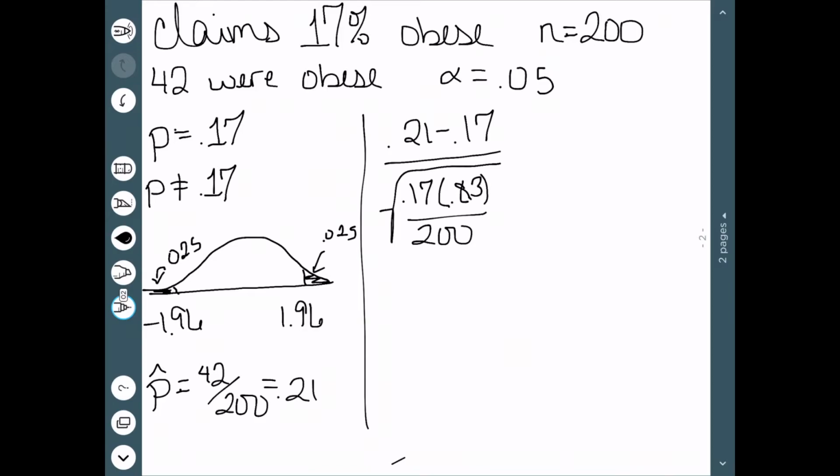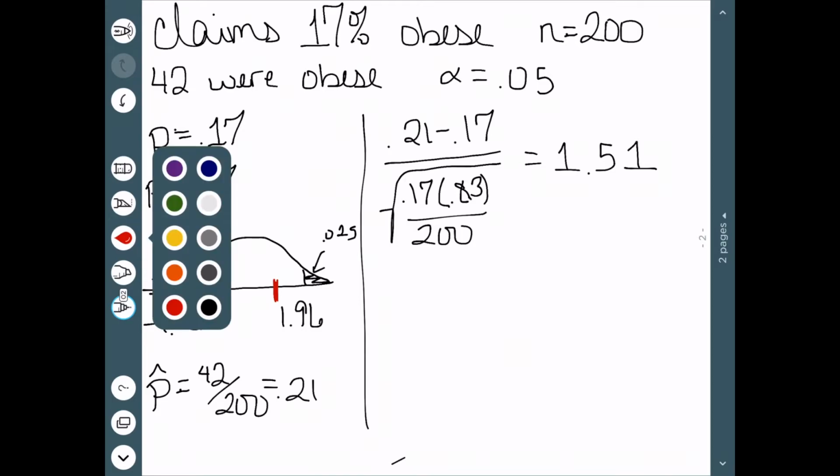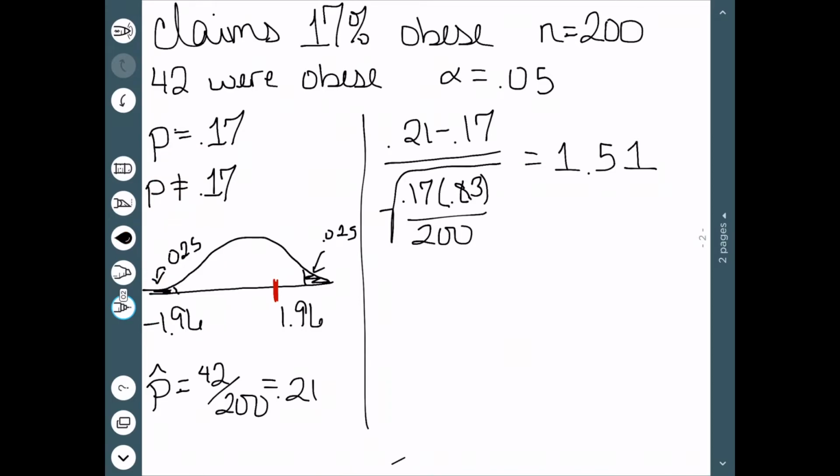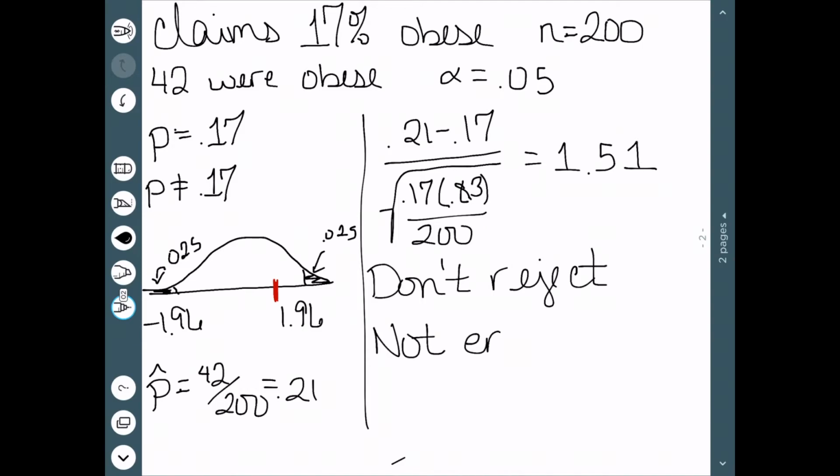And when we work that out, we get roughly 1.51. If we go back to our table, 1.51 is somewhere in here. And so we cannot reject. The actual question was, is there enough evidence to say that this claim is incorrect? And the answer is no, there's not enough evidence to say that the original claim is wrong.